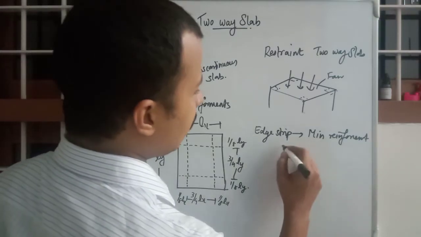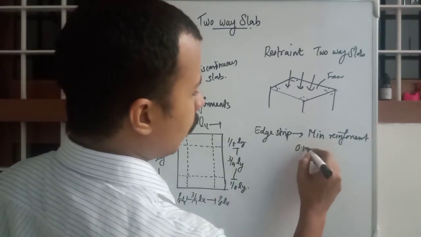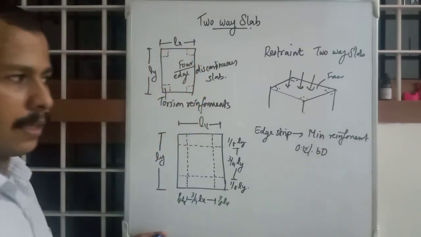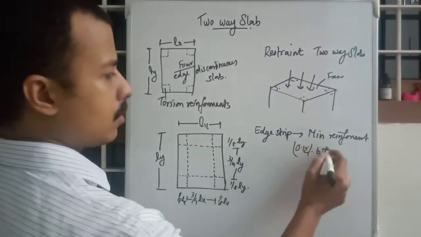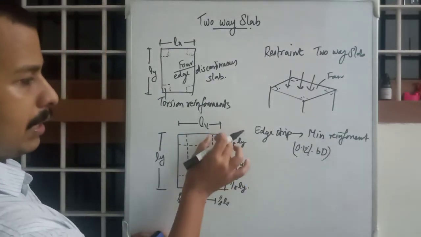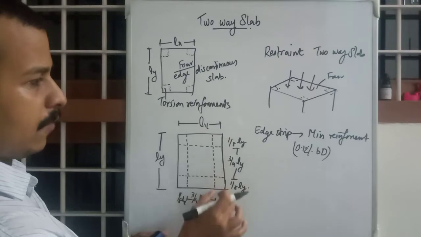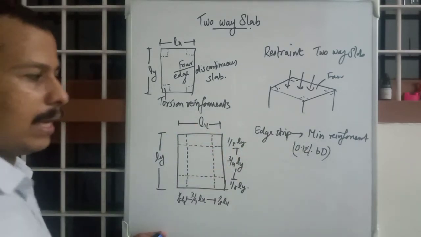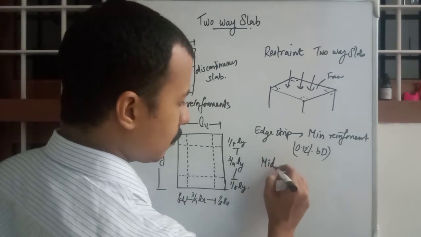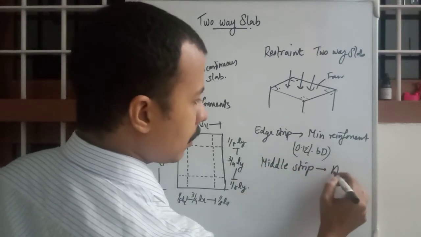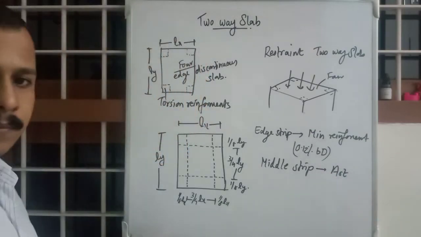For HYSD steel, minimum reinforcement is 0.12% BD. In all the directions we will be giving the edge strip minimum reinforcement, and for the middle strip you will be giving AST.